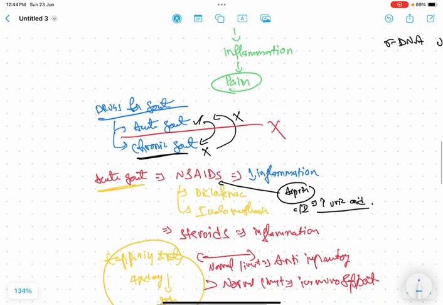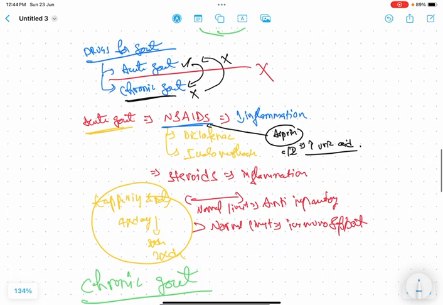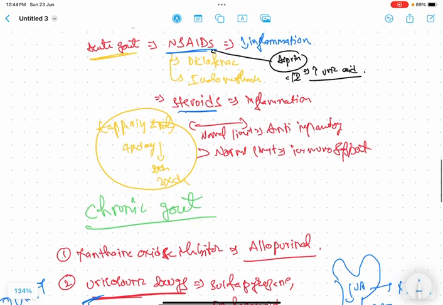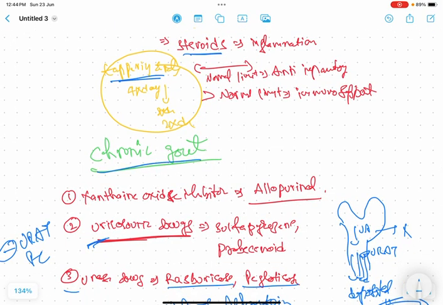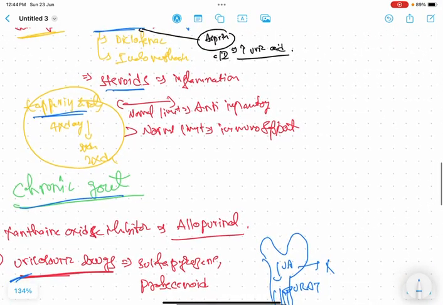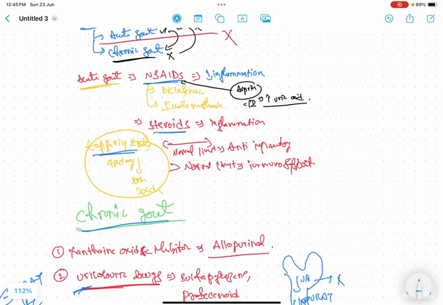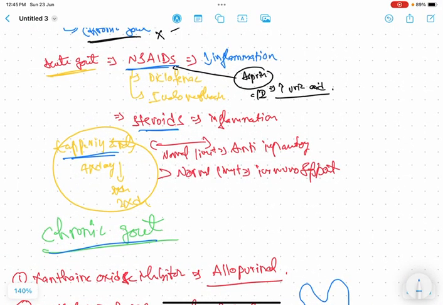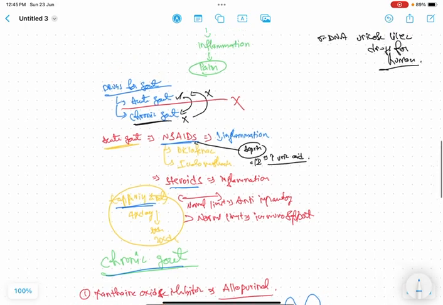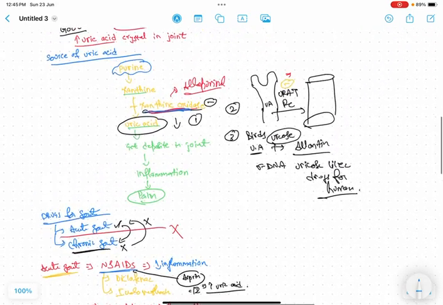For acute we give NSAIDs and steroids, which have to be stopped with tapering ends. For chronic gout, there are three mechanisms. As I told, the treatments are separate. Don't give the drugs of chronic gout to acute gout, or acute to chronic. It may lead to adverse effects. This was about gout.